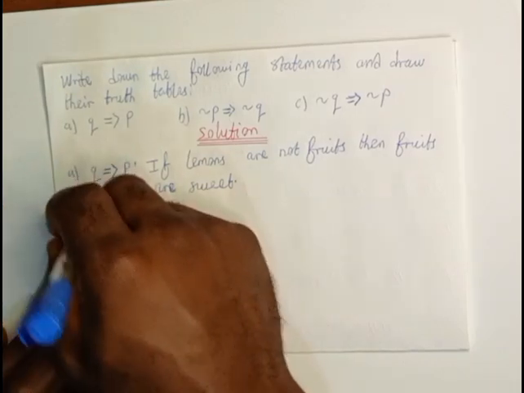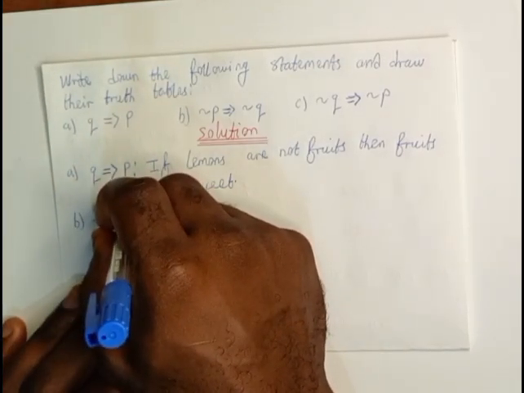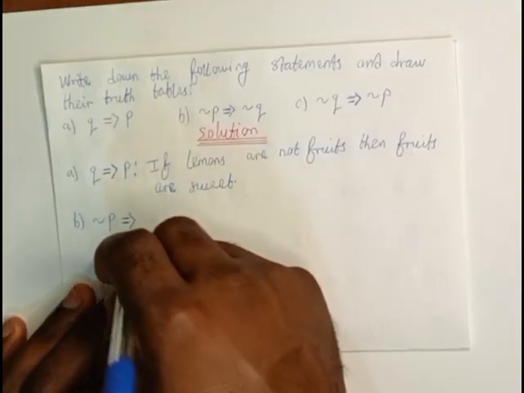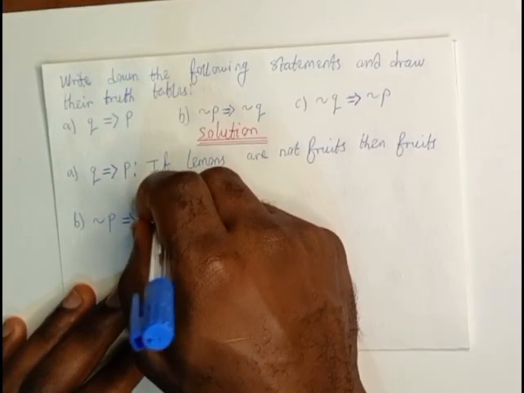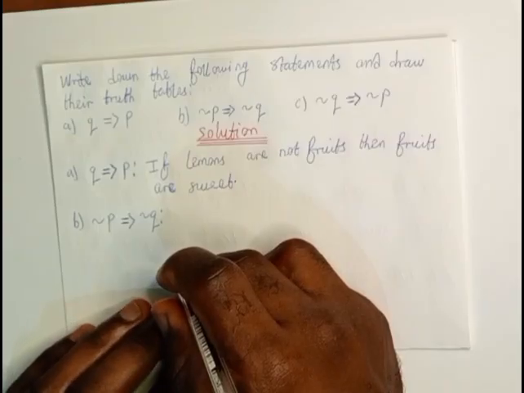We go to B, we have a not P implying not Q, which is the inverse of the two statements.